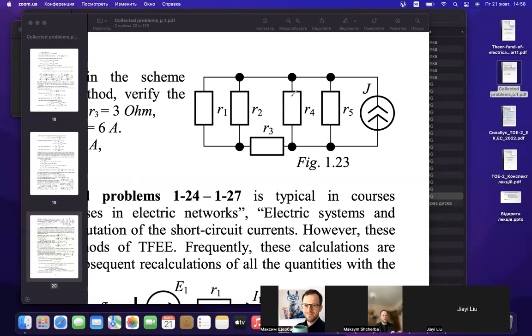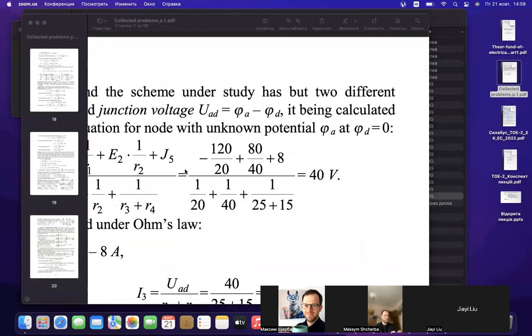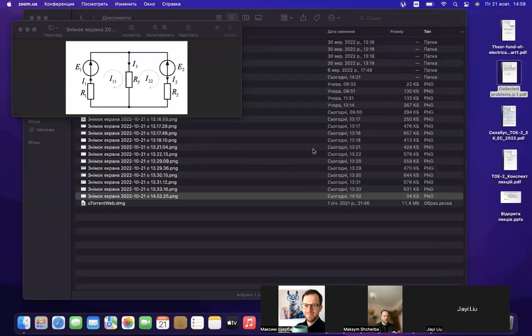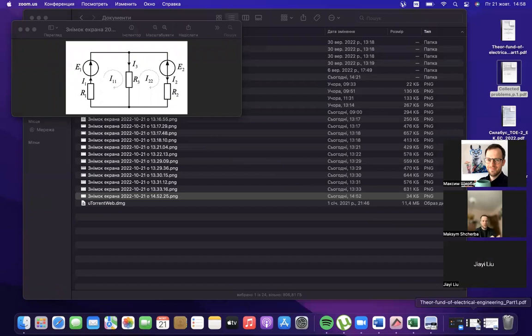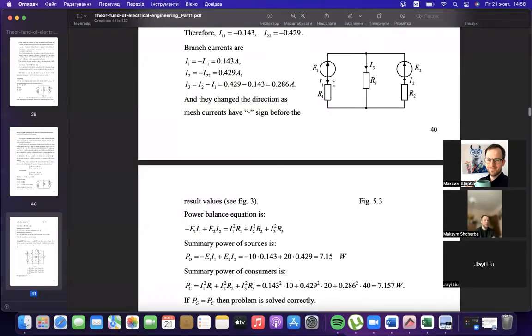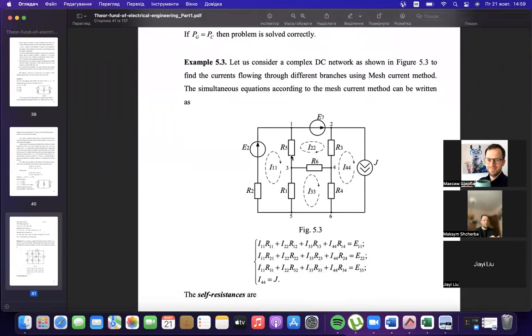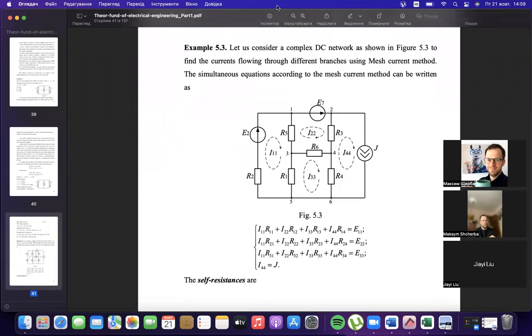That means you could make any guess about directions and obtain numbers after the solution. You shouldn't change the direction. You just take your positive or negative answer and it will be true. If you have the direction inside your initial data, then you take this direction. That's all.